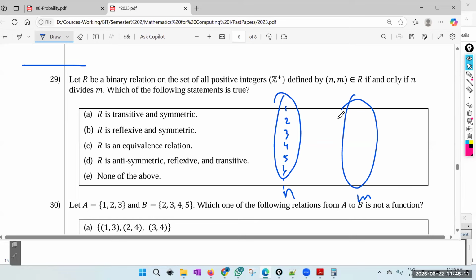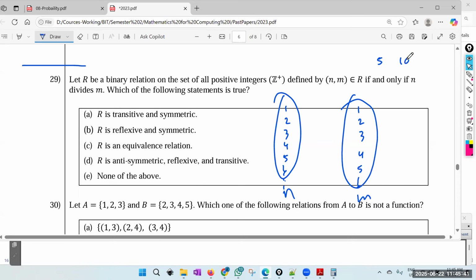But the relation exists only if N divides M. That means 1 divides everything. Positive integers. 1 divides 1, 1 divides 2. So we can say 5 divides 10, or 10 is divisible by 5.